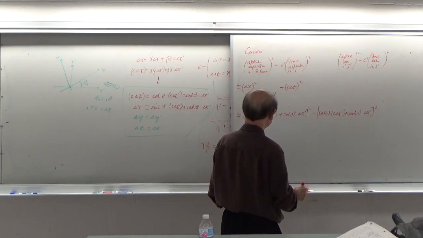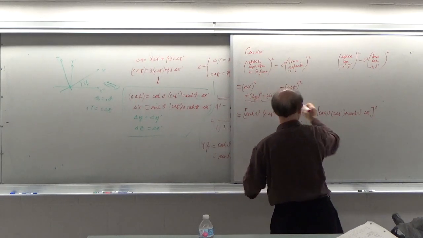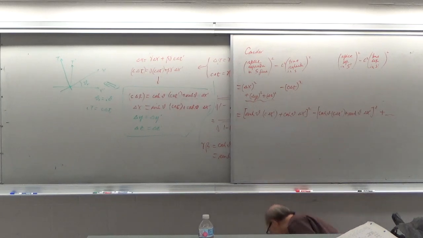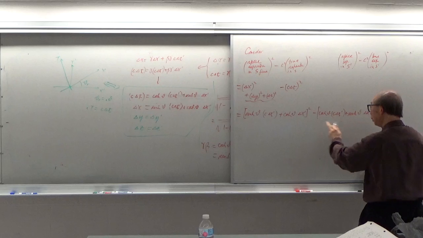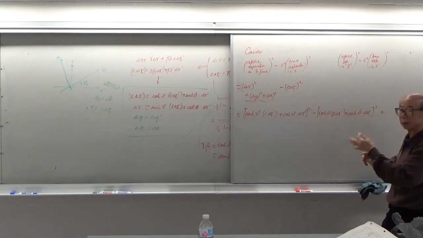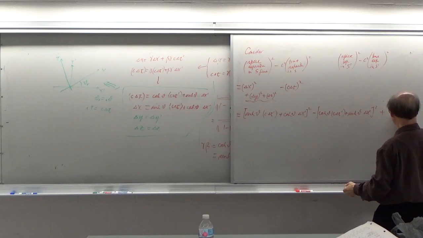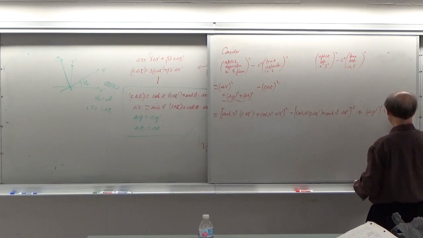Okay? Then this comes for a ride. But in fact, since I've expressed things in the prime here, let me write this. Delta y is delta y prime, delta z is delta z prime, plus delta y prime squared plus delta z prime squared.